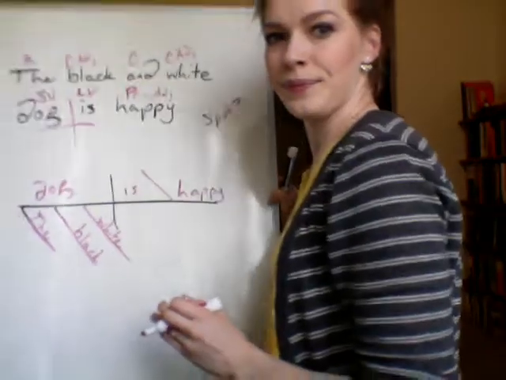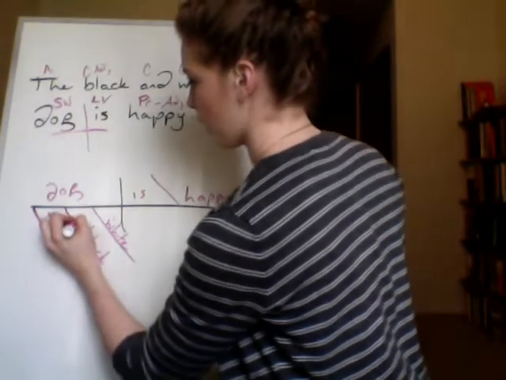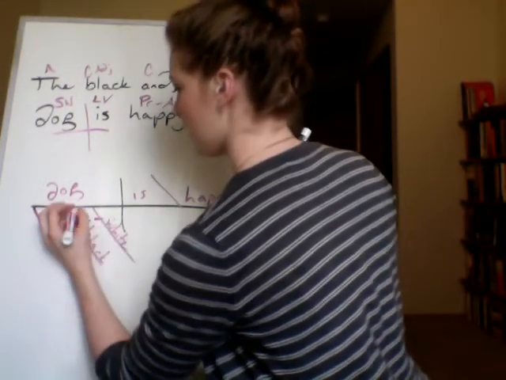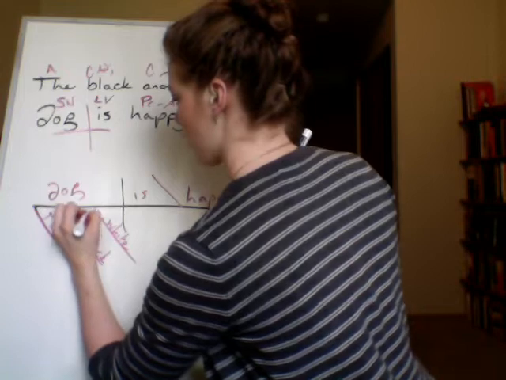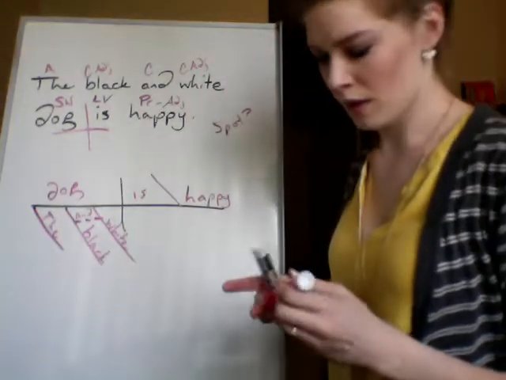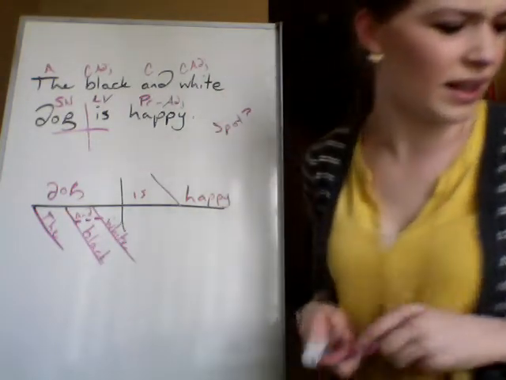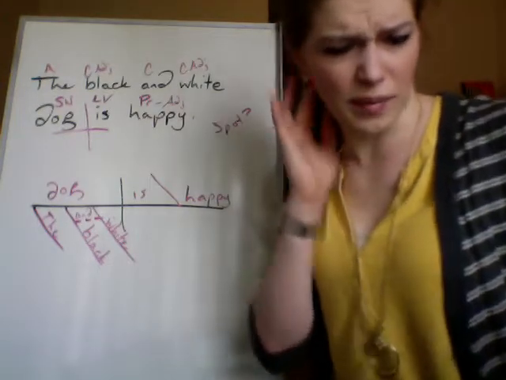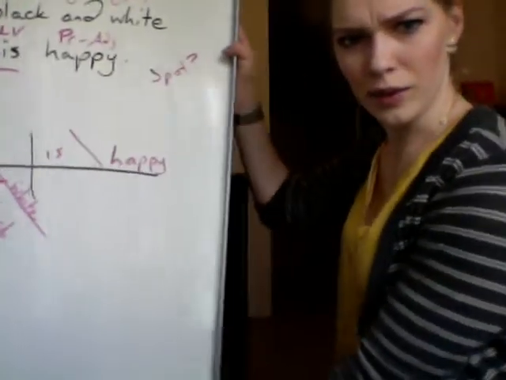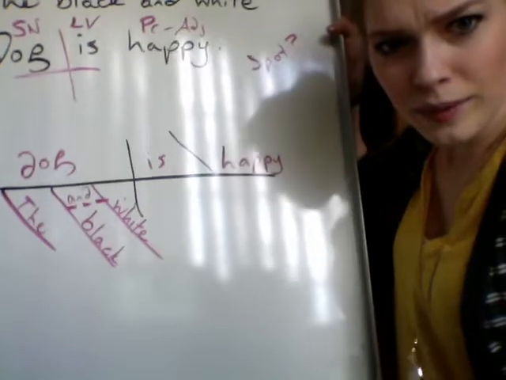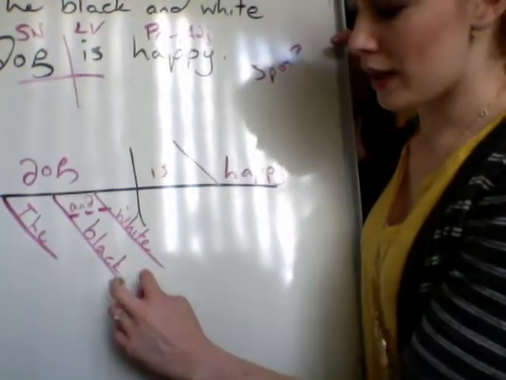White. Okay. Black and white. You're going to do a dotted line across, and you write your conjunction right there, which in this case is and. Can you see that okay? It's also in your notes. There we go. So that's just how you combine those.